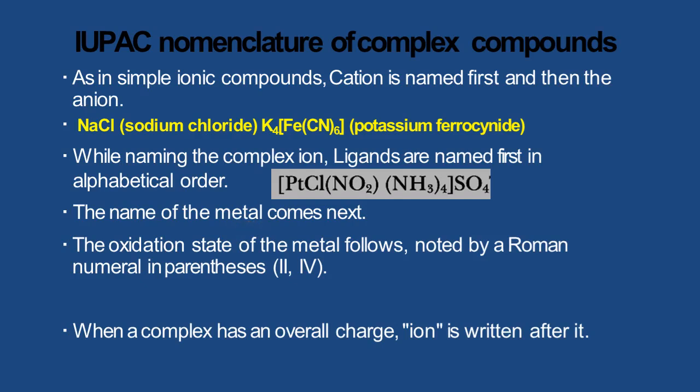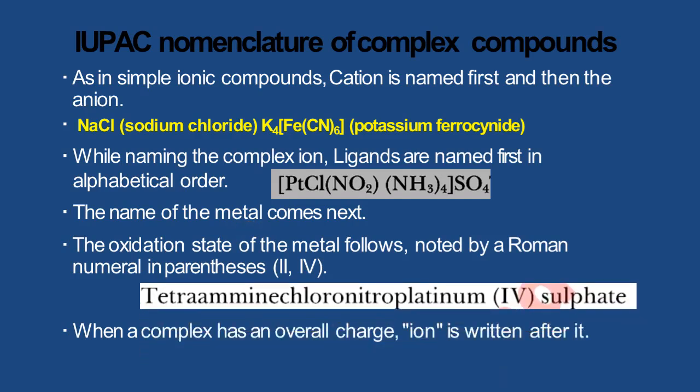Now students, the oxidation state of the metal atom follows after we write its name, and it is noted by Roman numerals in parentheses. Now look at this example. The name is going to be tetraamine. Why tetraamine? Because we have a ligand, amine, and how many amines?